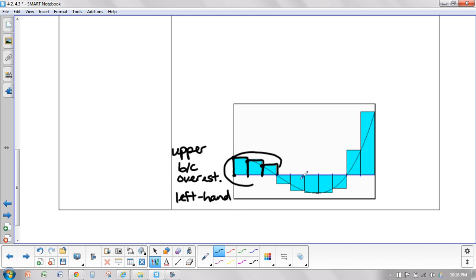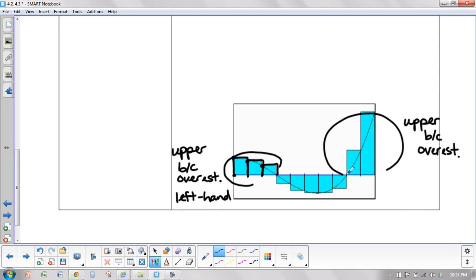Okay. However, if we take a look over here, these are still upper because they're an overestimate, and that's what it means to be an upper sum.